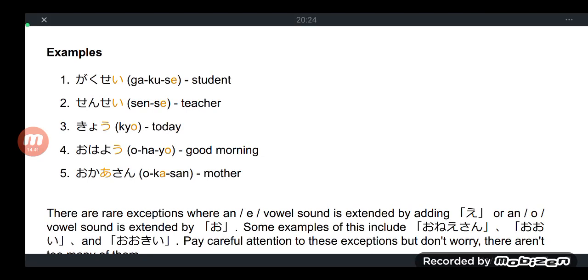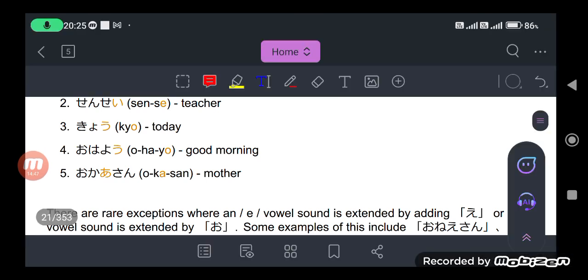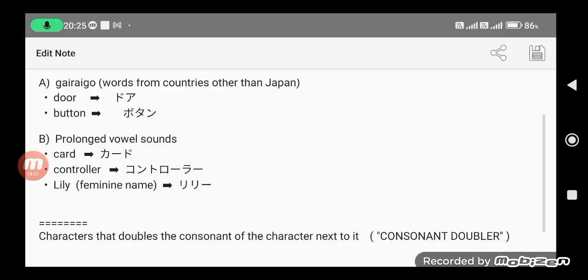Now I will present to you examples of prolonged sound using the katakana. Now, using katakana. Okay, letter A, gairaigo. Letter B, prolonged sound. As I have said in the previous lesson, usually the katakana is used for gairaigo or foreign words.